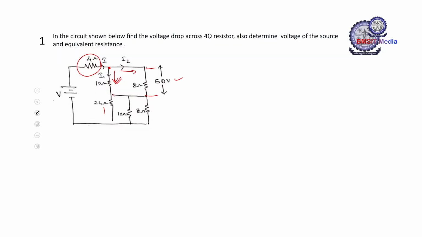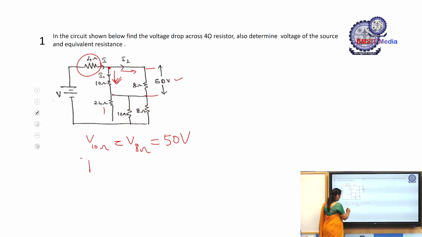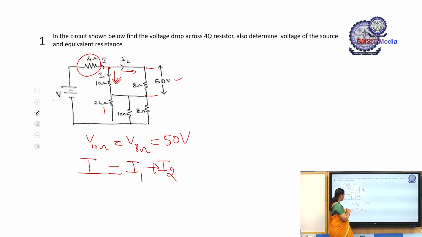V 10 ohms equals V 8 ohms equals 50 volts, and I equals I1 plus I2. If we find the total I, then we can find the voltage across the 4 ohms resistor.